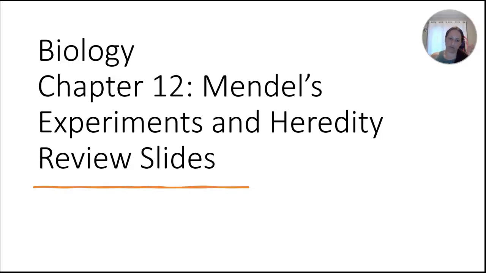So you want to make sure you know things like phenotype versus genotype, dominant versus recessive. You should know what the term locus means. You should know homozygous versus heterozygous. You want to make sure you know what the term allele means. So a bunch of just basic definitions from chapter 12.